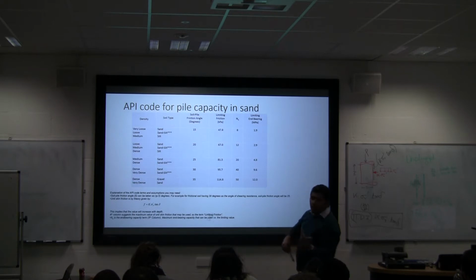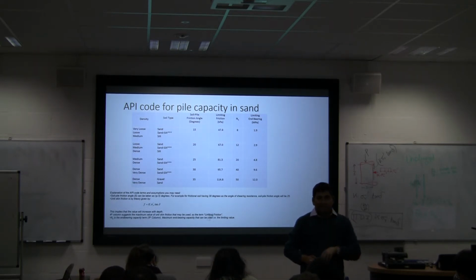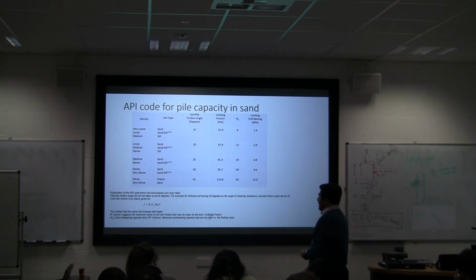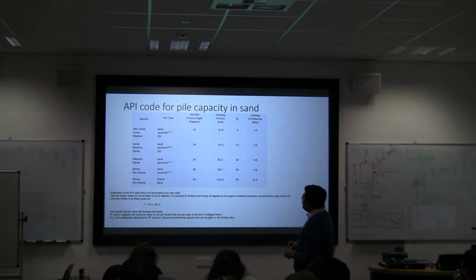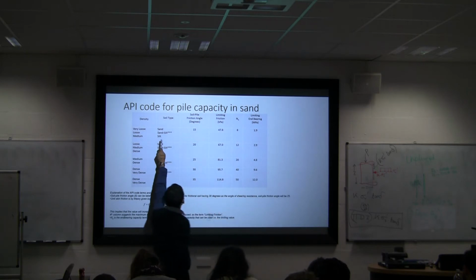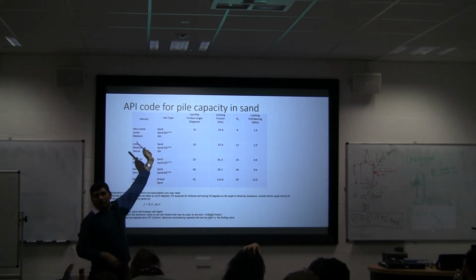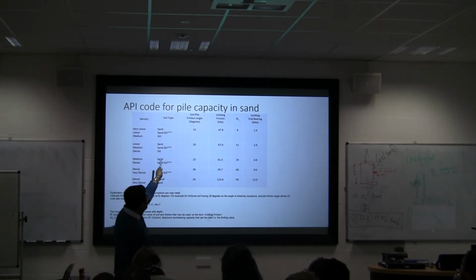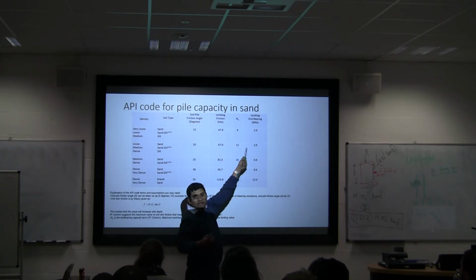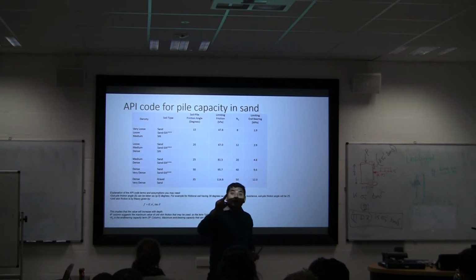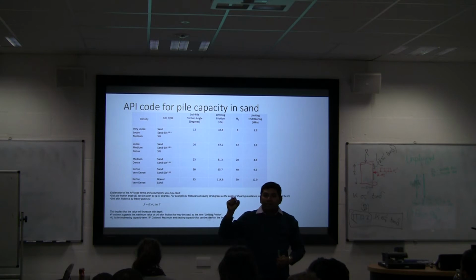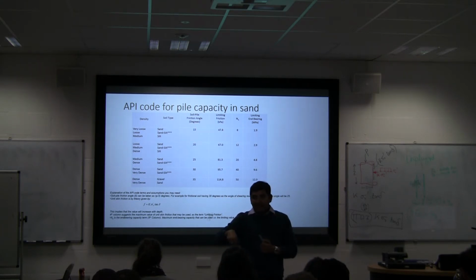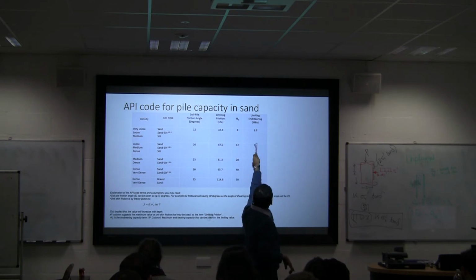Then, when you do end bearing, you need Nq. It says Nq for this soil, so if you know the soil, you know Nq, and then you can work out your end bearing pressure, Qb. So Nq times sigma V dash, but don't exceed more than this.